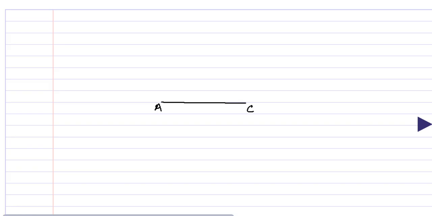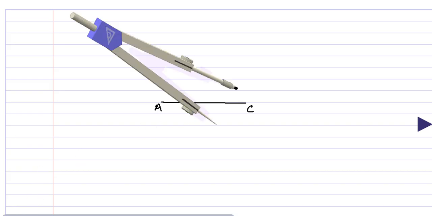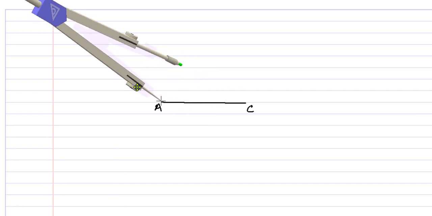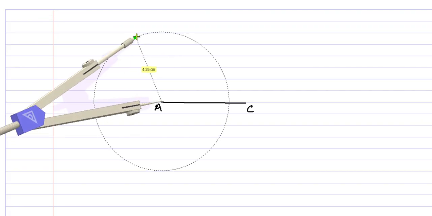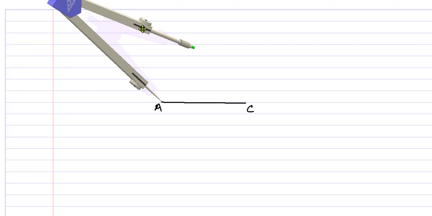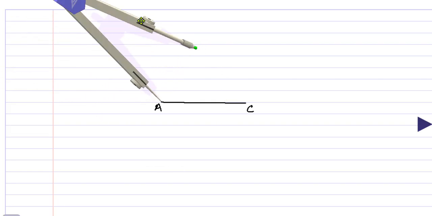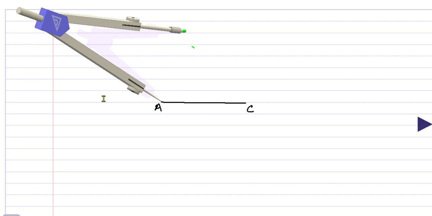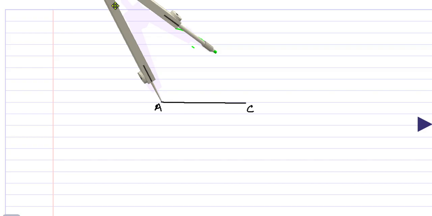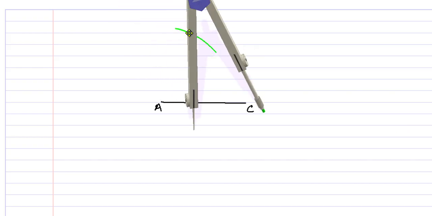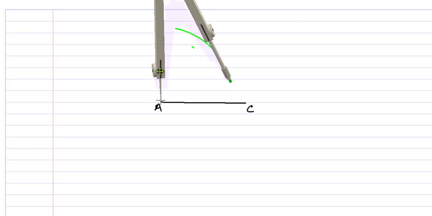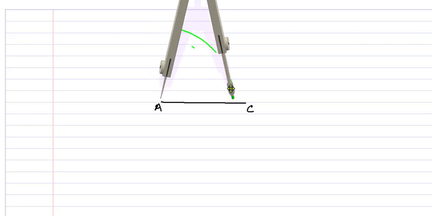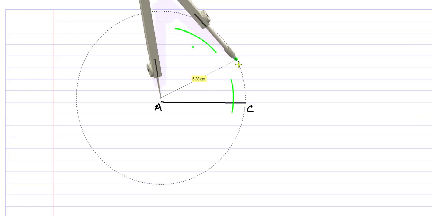Step number 2, we construct the perpendicular bisector to this segment that we drew in order to locate its midpoint. How to draw perpendicular bisector, children? Any further details you require, do watch the previous video before switching over to this one. Okay, put your compass at one of the endpoints, radius more than half, an arc above, an arc below.